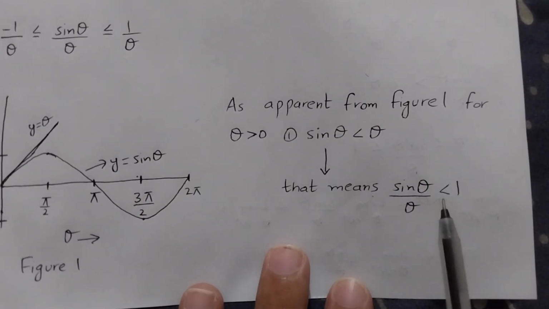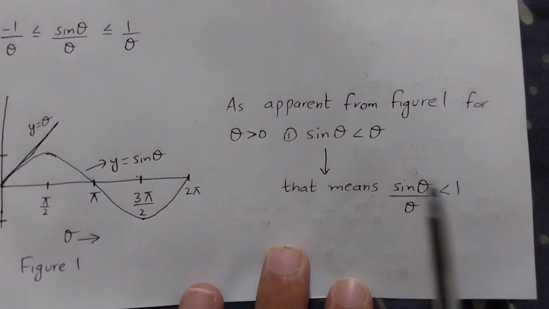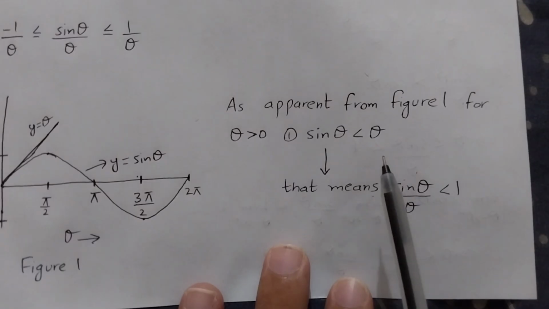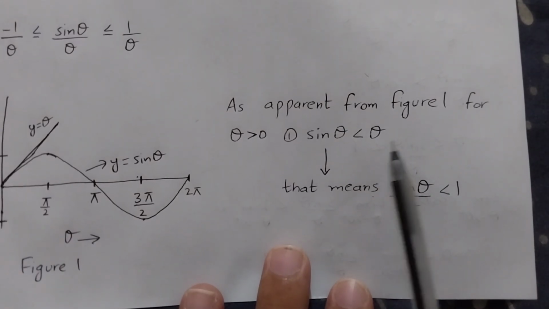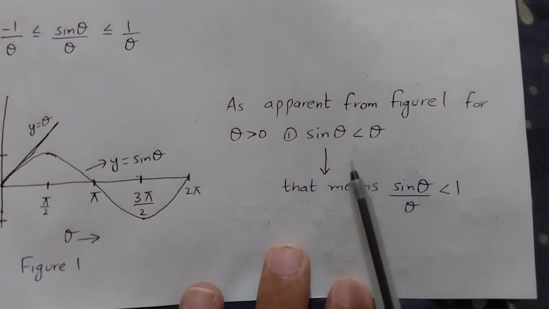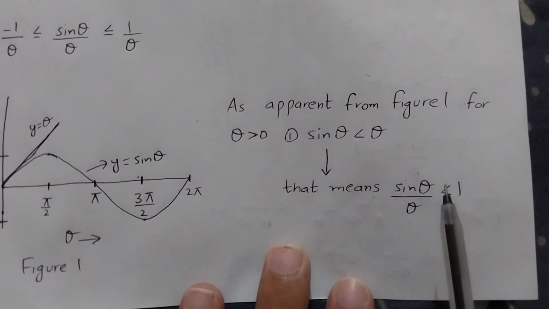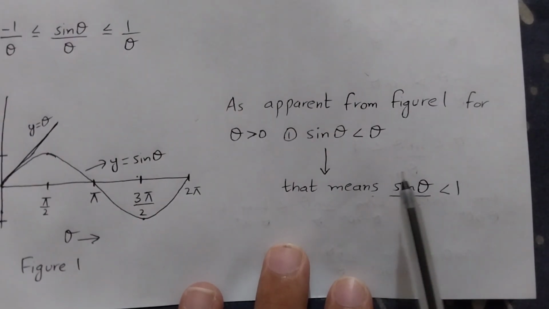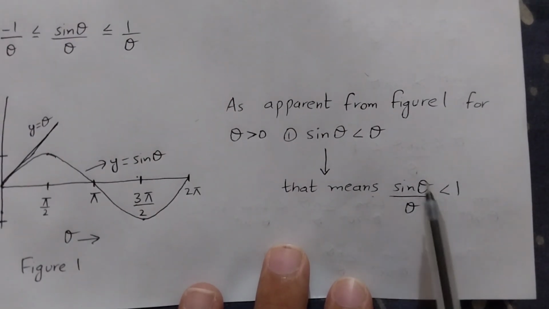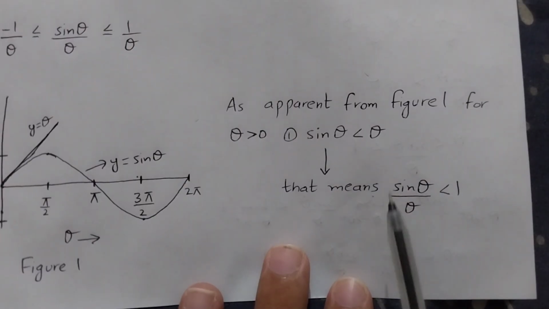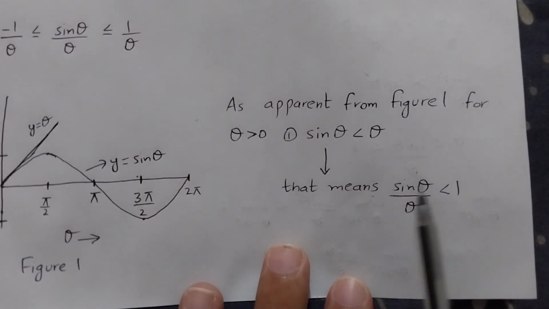That means that sine theta over theta is less than 1. Sine theta is smaller than theta. So when we take the ratio, the numerator will always be smaller than the denominator. So the overall ratio will always be less than 1. So we're talking about sine theta over theta because this was our function. We have to find the limit of this function when theta is approaching 0.